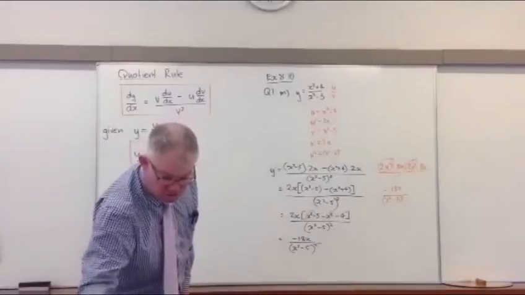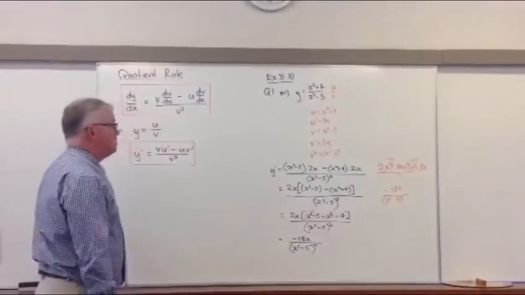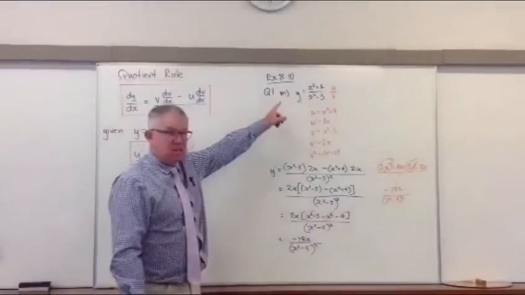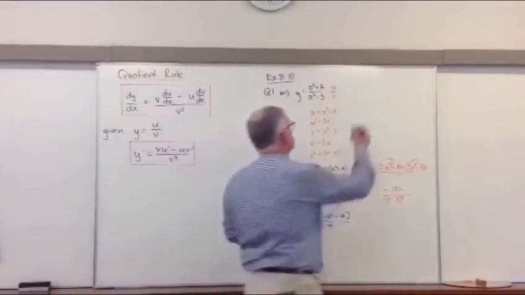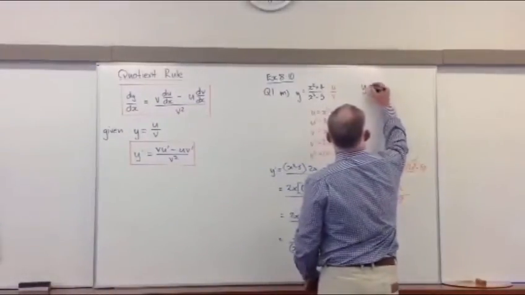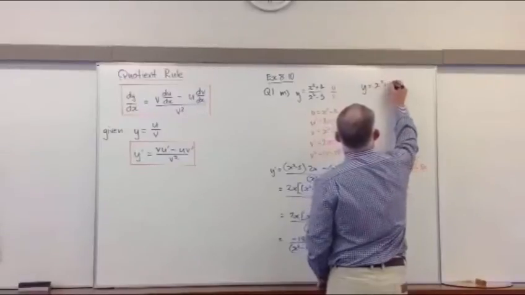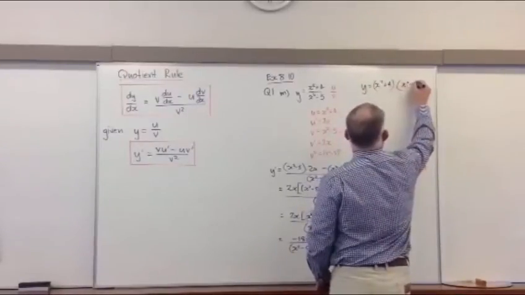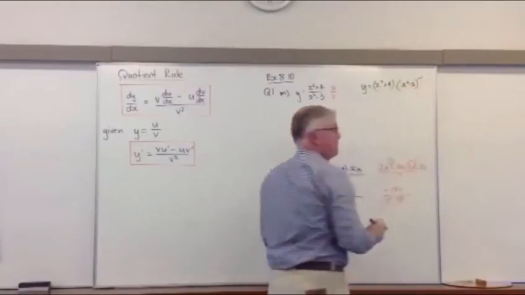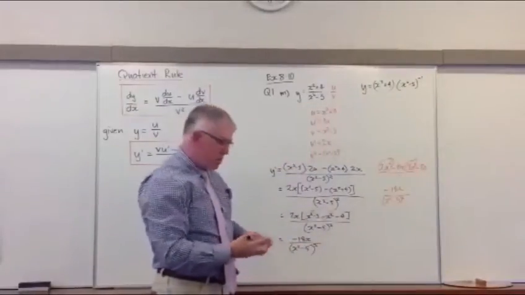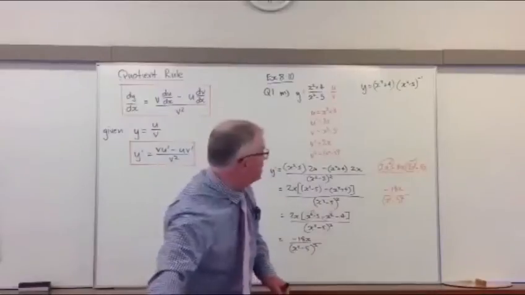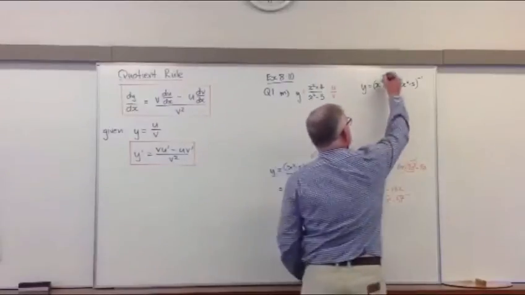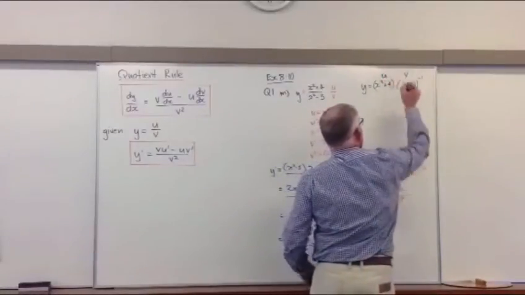What I'd like to do also is show that we could have done this by using the product rule. I could have written this as x squared plus 4 times x squared minus 5 to the power of minus 1. You okay with that? In this case, for the product rule, this is u and that's v.